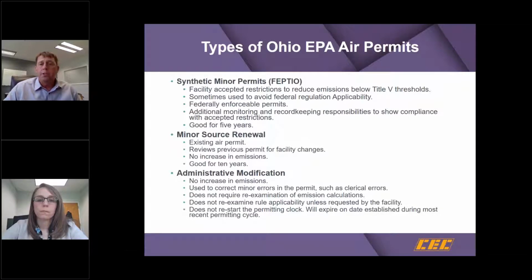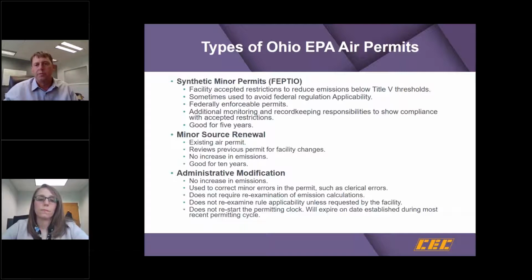And if you are over those, but you don't want to get a Title V permit, what you can do is you can artificially reduce your emissions by installing control equipment, and then you can get a synthetic minor permit, which means it's not really a minor source, but you're going to have operational restrictions, or you're going to put control equipment on that's going to synthetically make that major source a minor source.